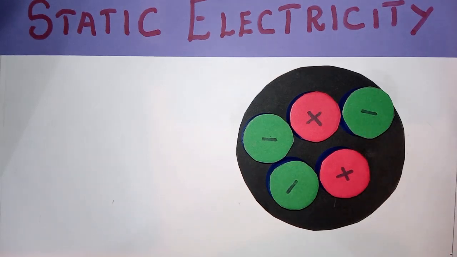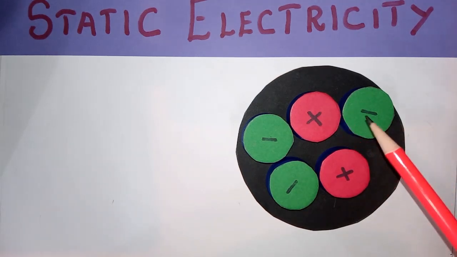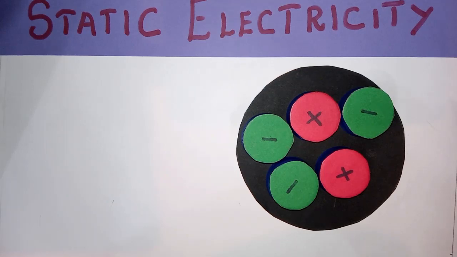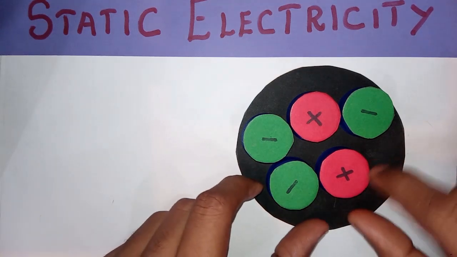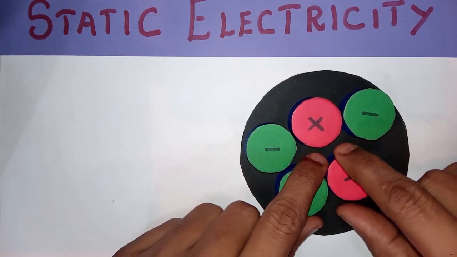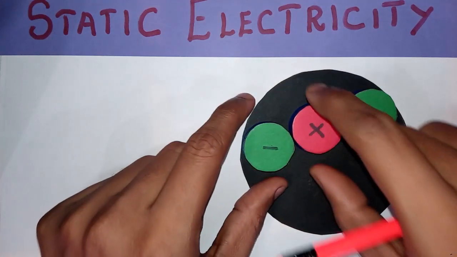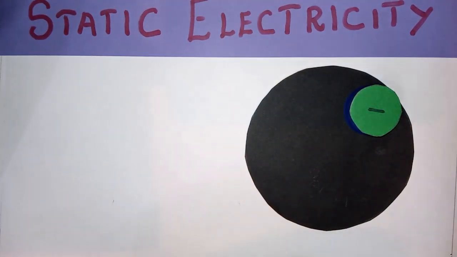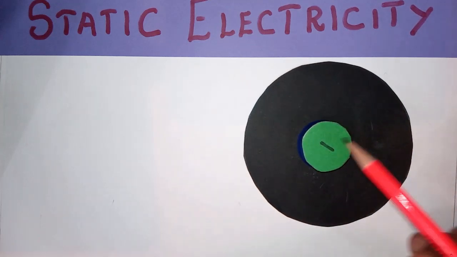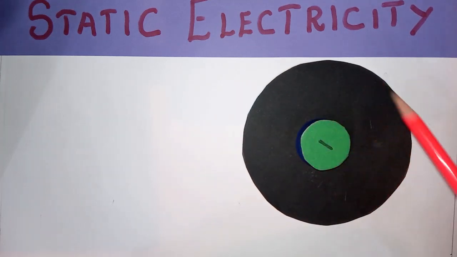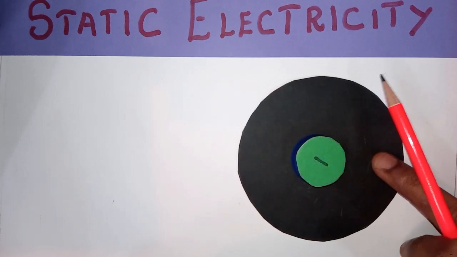For example, you all agree that the same number of protons and electrons means it is neutral. So I am going to remove 1 plus and 1 minus, that is neutral. 1 plus and 1 minus, so neutral. So there is an excess electron, so it is negatively charged.